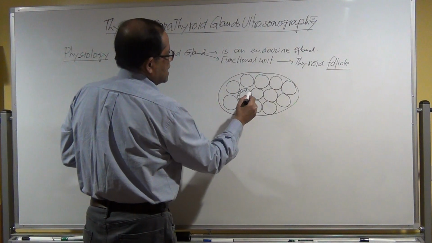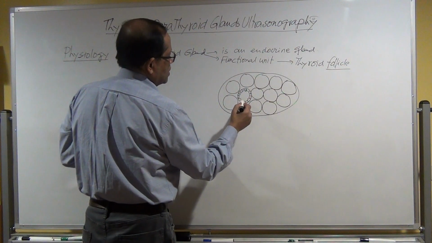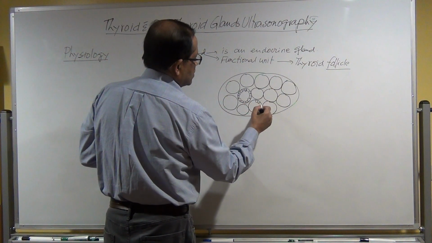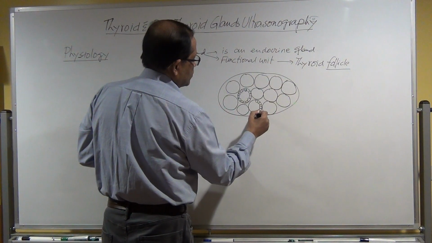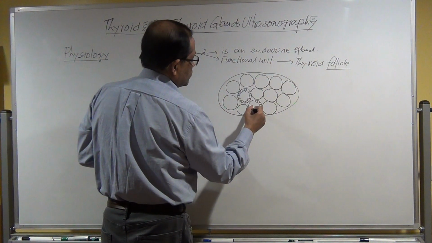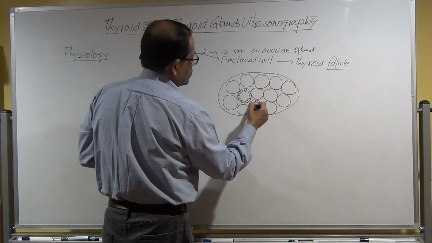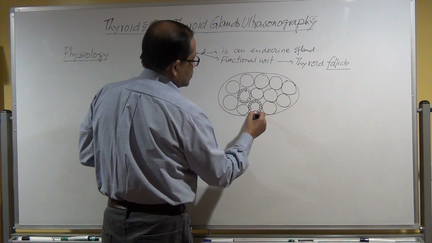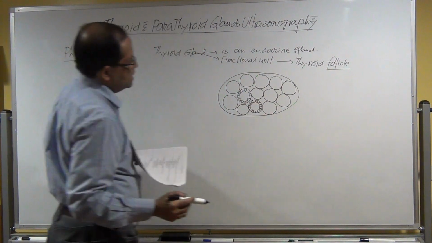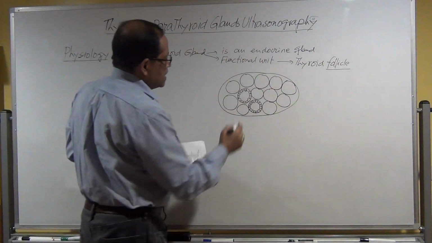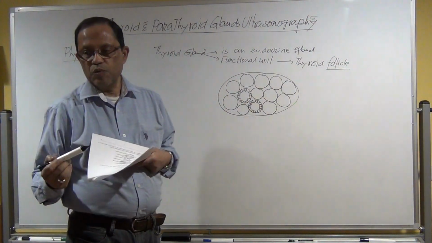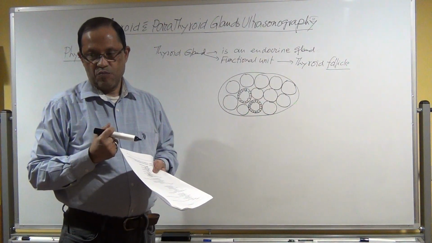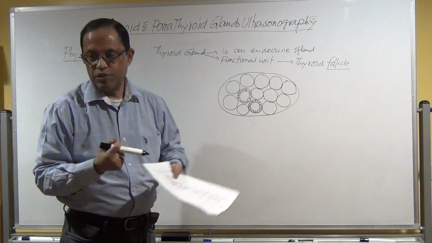So these are the follicular cells. They produce hormone. How? They get the raw materials, iodine. From where? From the food.